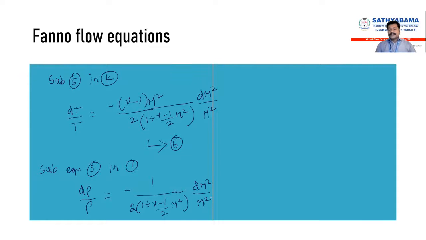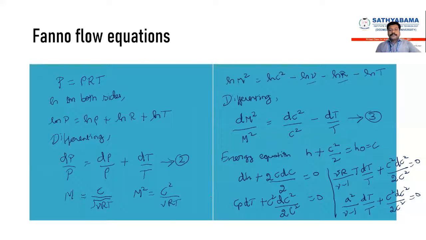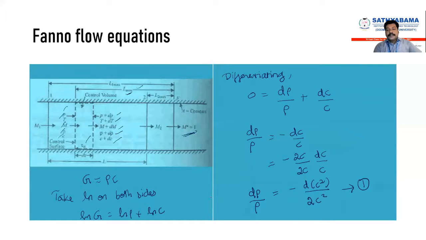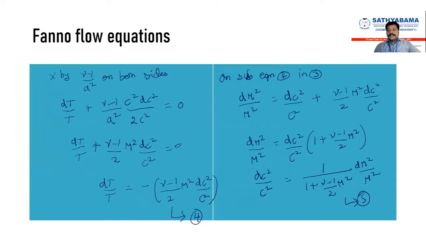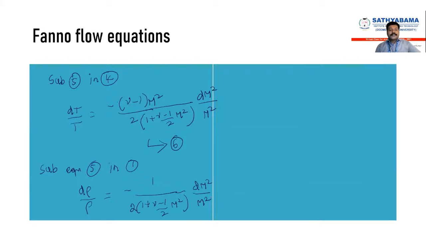So it was minus of 1 by 2 dc square by c square, and your dc square by c square equation is this equation number 5. I had just substituted, and I had treated this equation as equation number 7.